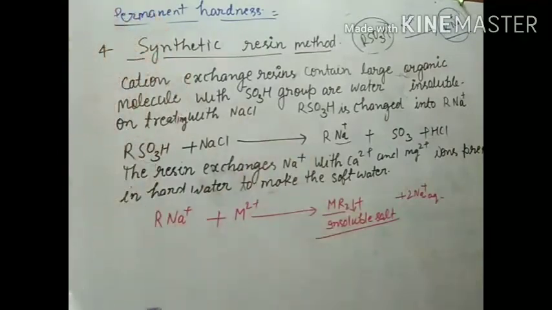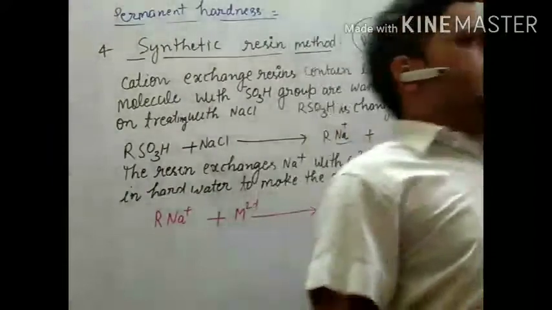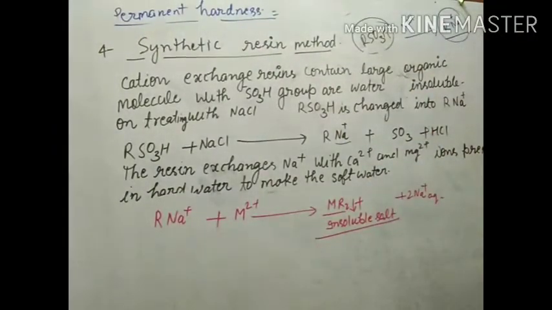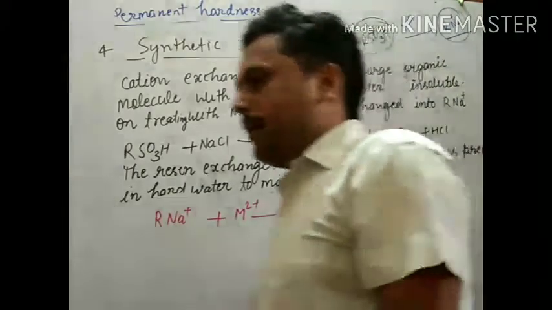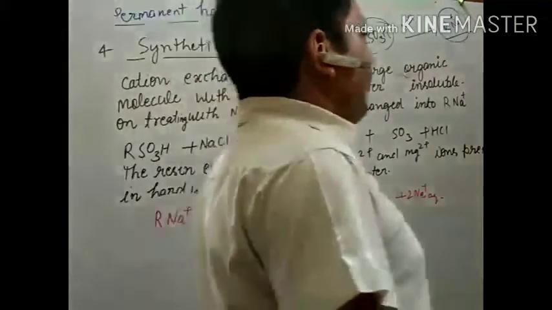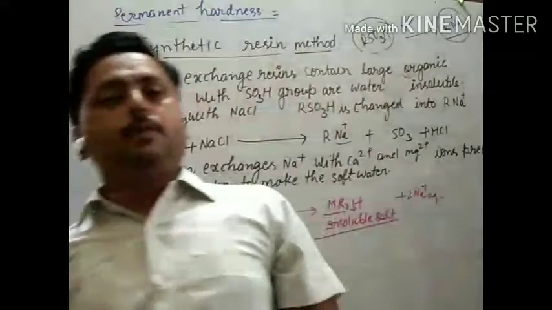This method is more efficient than the zeolite method, and more economical. We use it to change hard water to soft water. By this method, we get mineral free, pure demineralized water.